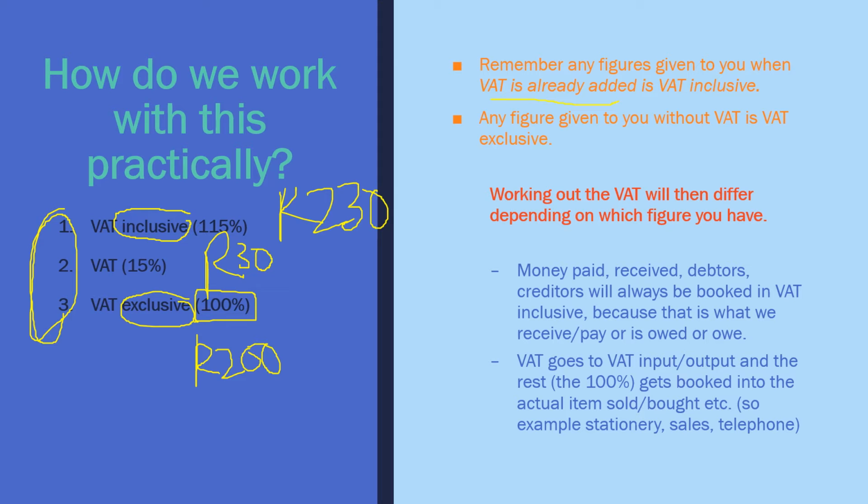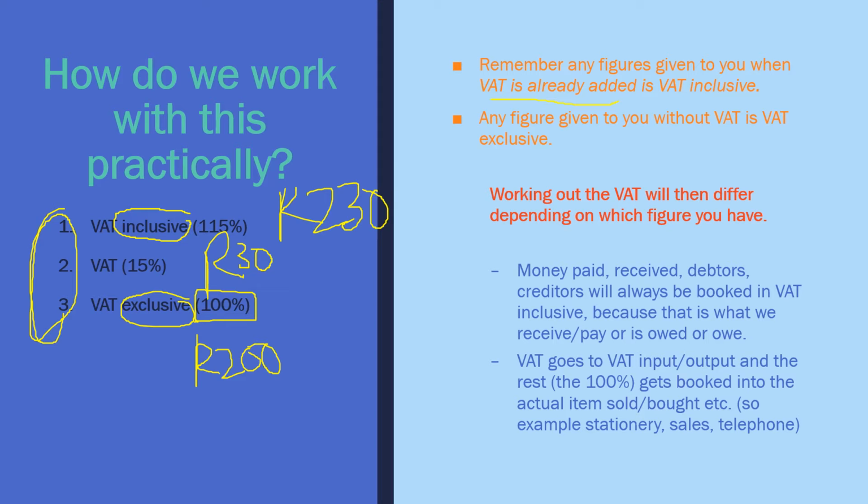Working out the VAT will be different because you don't always have the same value. We sometimes have 115% and sometimes 100%, so your base value is different. You need to know how to work with the 100% or the 115% that is given to you to work out the figure that you need.